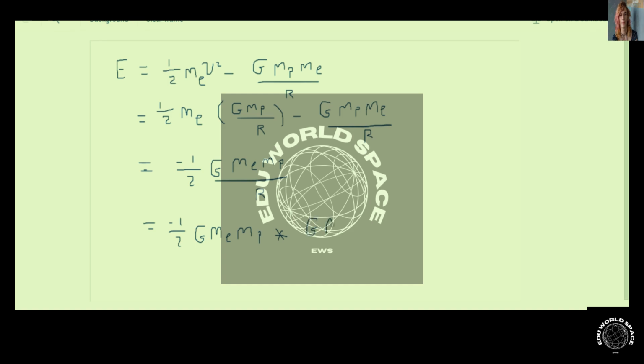Let me write it down directly. I'm just copying from the previous slide. So J Me squared Mb over n squared h bar squared. So this is equal to minus J squared Me Mb squared over 2 n squared h bar squared. We have made something huge here. We have found an expression for the energy levels in terms of the masses, the gravitational constant, and the reduced Planck constant.